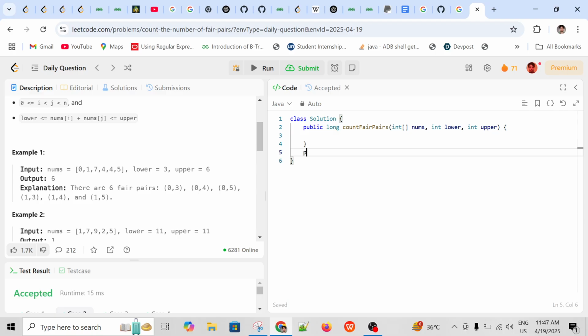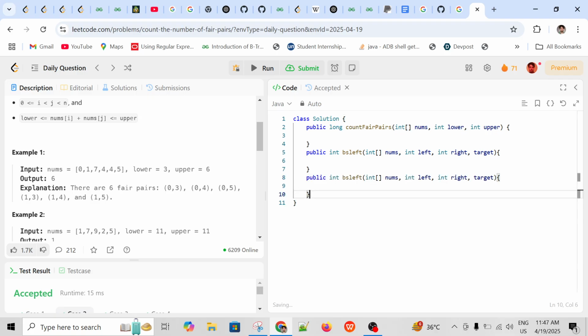Now let's say, public int binary search left. This will take the nums and left and right and the target. Similarly for the binary search right.